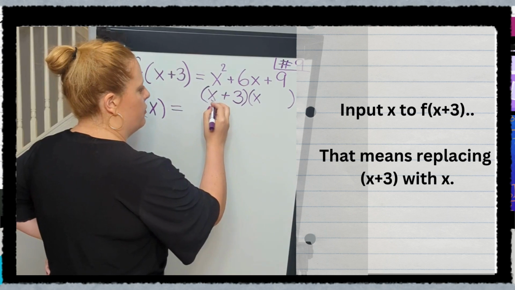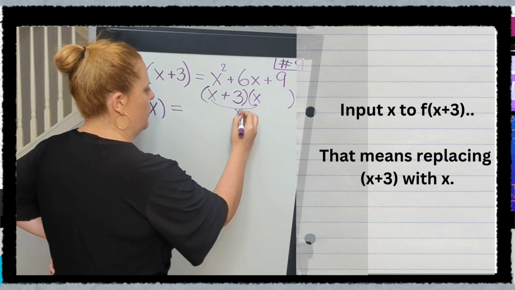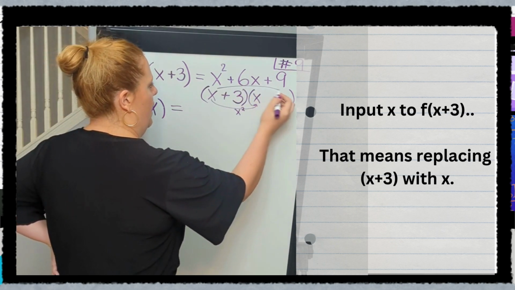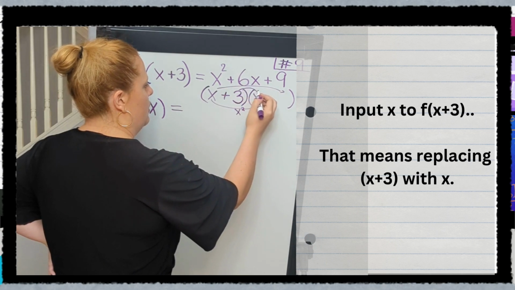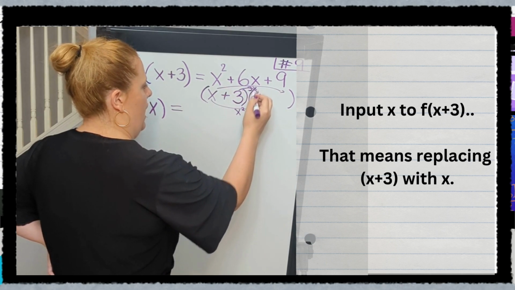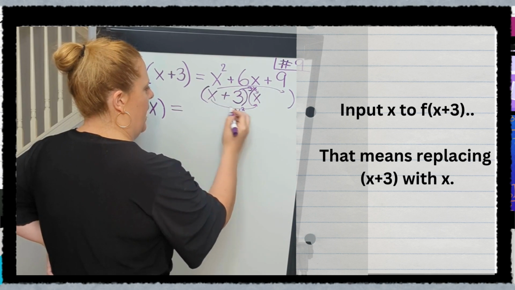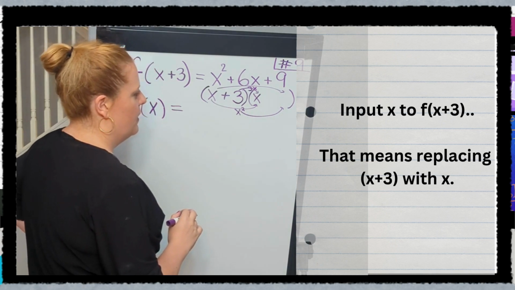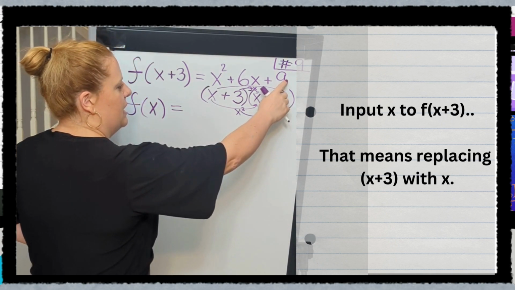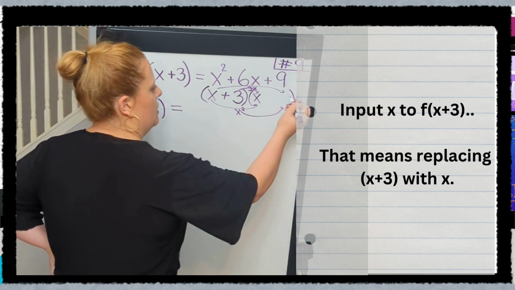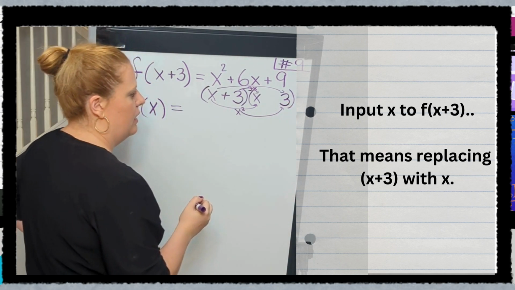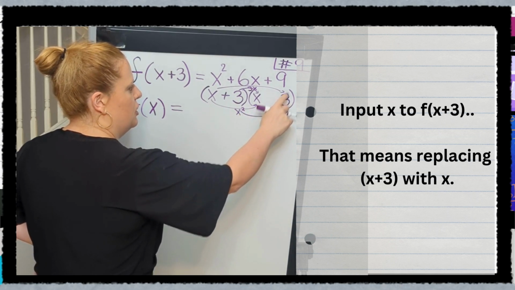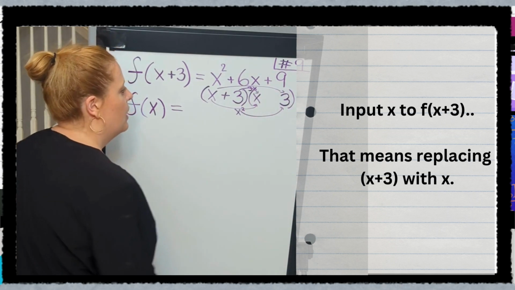So if we multiplied our firsts, that's an x squared. Outer, we don't know yet. Inner, 3x. Last, we don't know yet. Okay? In order to get a 9 at the end, I'm going to put in a 3 because that will give me a 3 times 3 as our last term, which is 9.